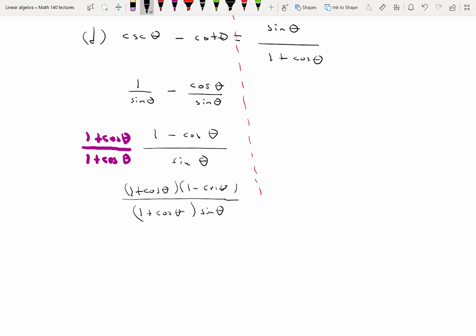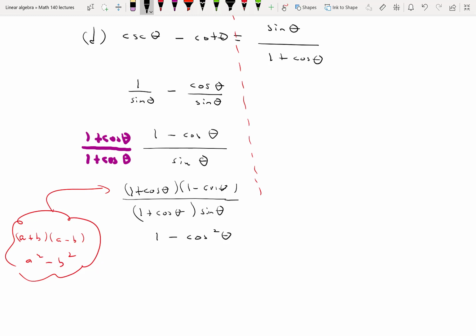Well, let's look at the numerator. Look at the top. 1 plus cosine times 1 minus cosine gives us the difference of squares: 1 minus cosine squared. What I'm using here from algebra is that a plus b times a minus b is a squared minus b squared.